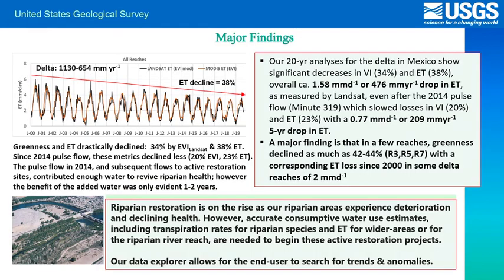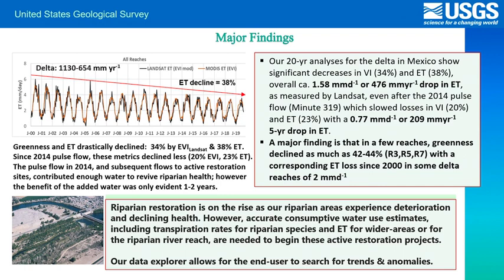So our major findings are that greenness and ET drastically declined, by 34% and 38% of water use. But since the pulse flow, these metrics declined a little bit less, 20 and 23%. One of the things I want to point out is that in a few reaches, we saw declines as high as 42 to 44%, with ET as high as 2 millimeters a day.